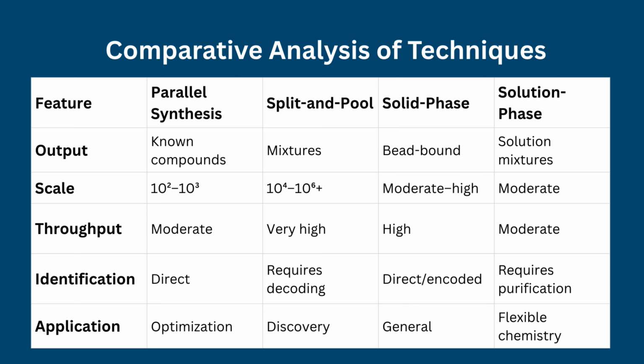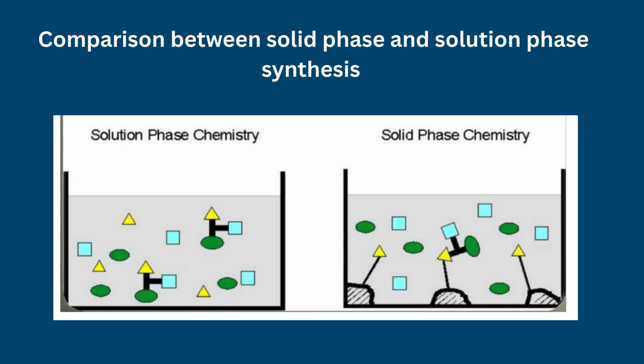Solid-phase synthesis simplifies purification and is highly compatible with automation, while solution-phase synthesis offers greater flexibility in reaction design but requires more extensive purification. The choice of methodology depends on the specific objectives of the study, such as whether the goal is to explore chemical diversity or to refine known lead structures.